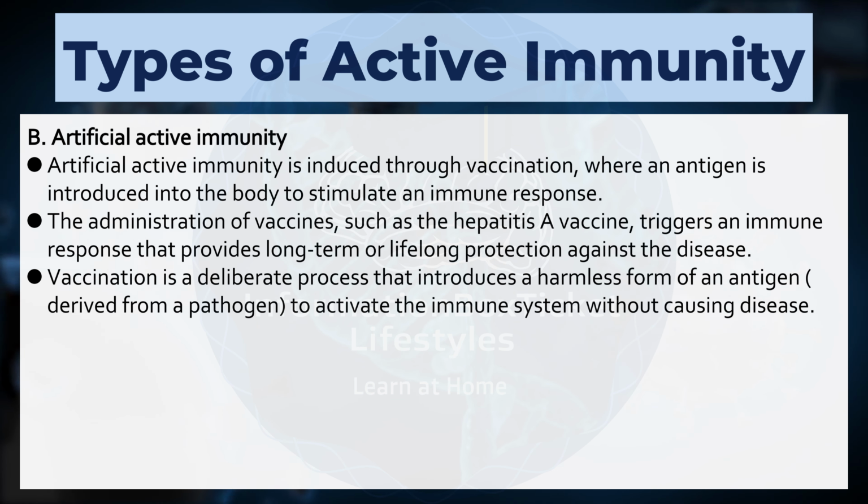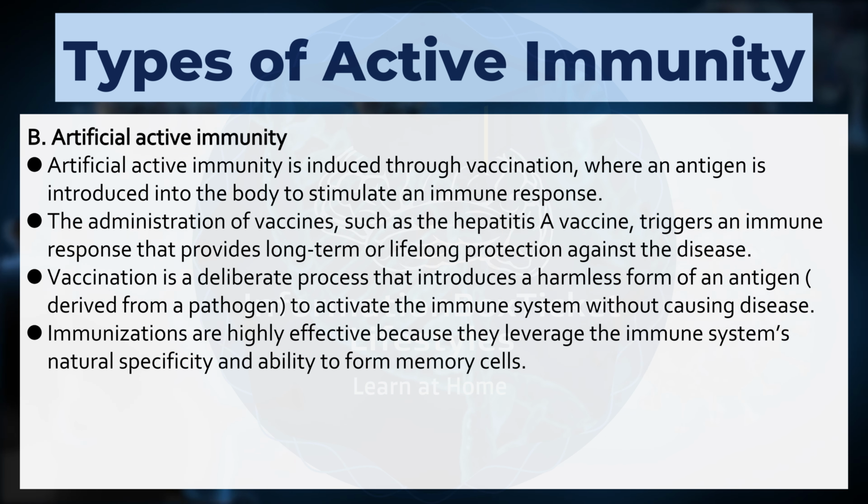Vaccination is a deliberate process that introduces a harmless form of an antigen derived from a pathogen to activate the immune system without causing disease. Immunizations are highly effective because they leverage the immune system's natural specificity and ability to form memory cells.